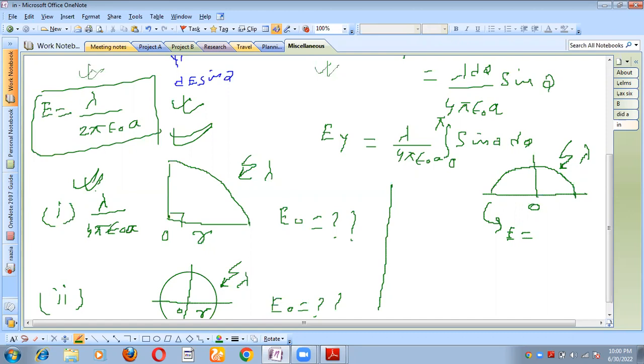Sir, in place of pi, we just have to do pi by 2, right? You have taken the limit 0 to pi by 2, right? Yes, sir. And what is it in the second case? Have you got any? Okay, so this value lambda by 4 pi epsilon naught a is the correct answer. Anyone else got it?